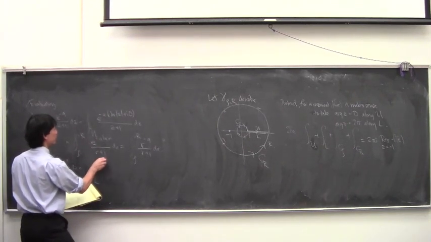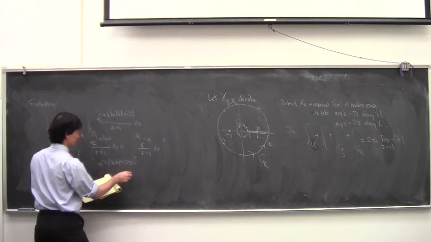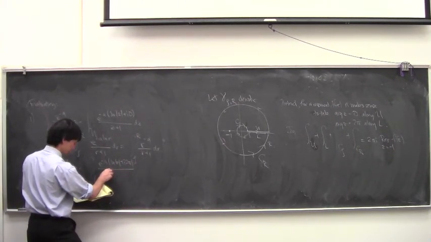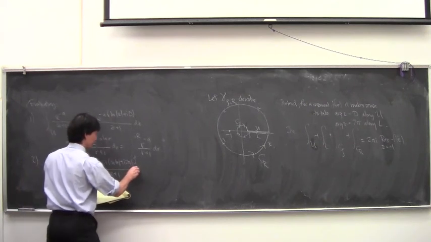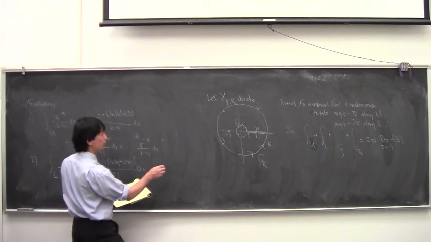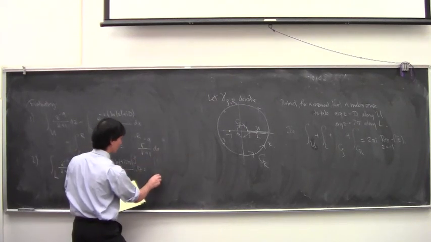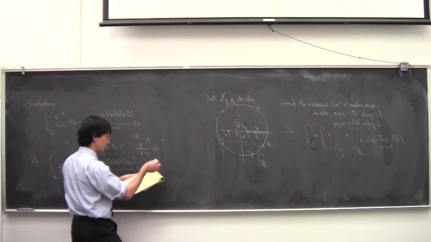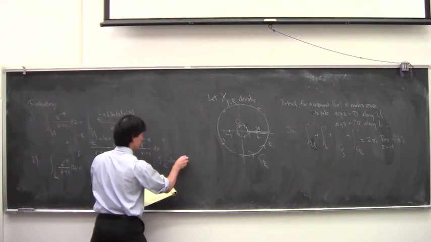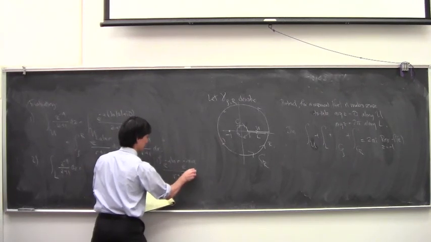Well, we're going to get e to the minus a natural log of modulus 2 pi over z plus 1 dz, which turns into the integral from r to rho, going in the opposite direction, e to the natural log of negative a natural log of r, e to the negative 2 pi I a over r plus 1 dr.